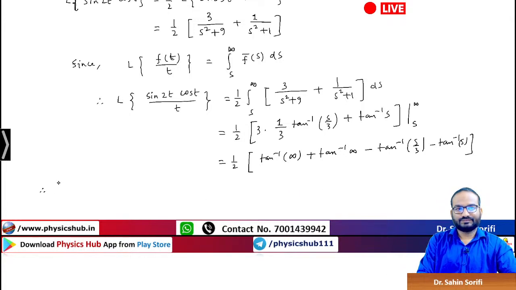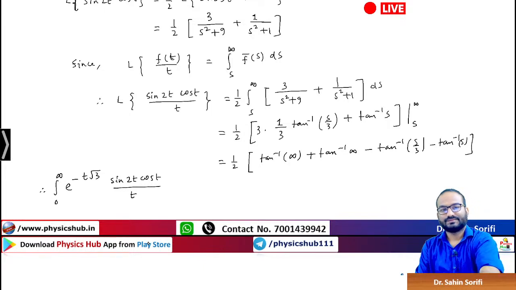Therefore the integration value, 0 to infinity e to the power minus root 3 t, sin 2t cos t by t, this was the integration, na?